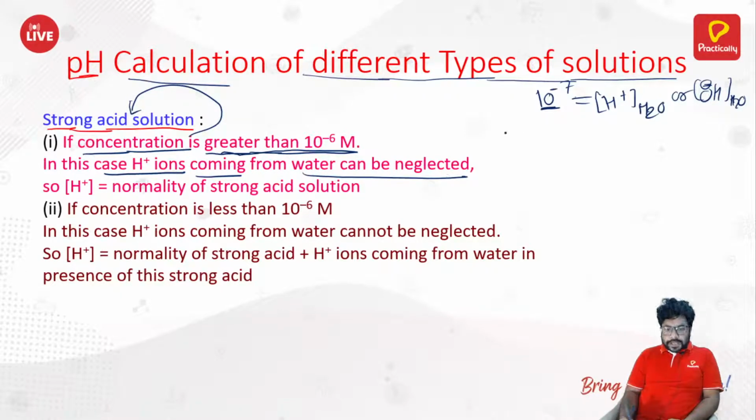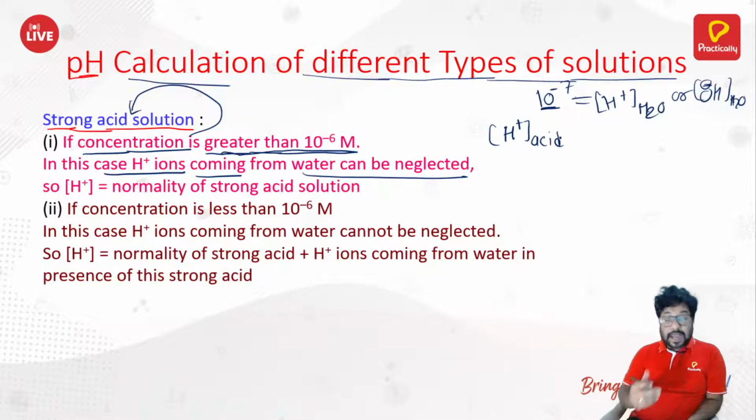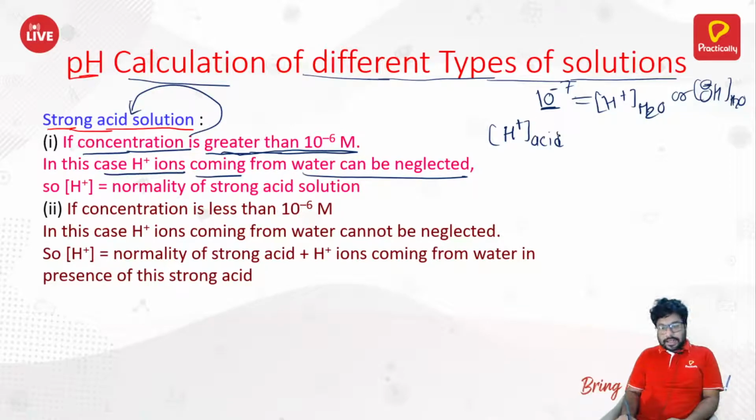That means, if the H plus ion concentration coming from the acid is higher than 10 raised to minus 6, then the H plus ion coming from water can be neglected.